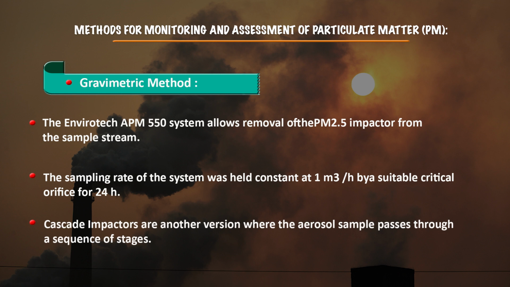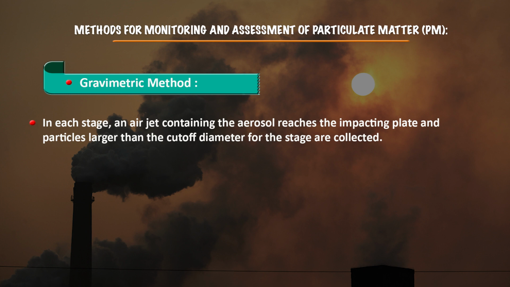Sometimes cascade impactors are also used. That is another version where the aerosol sample passes through a sequence of stages. In each stage, an air jet containing the aerosol reaches the impacting plate, and the particles larger than the cutoff diameter for that stage are collected. That means we have already seen the PM10 particle size as well as PM 2.5, and those particles will be collected on this plate.